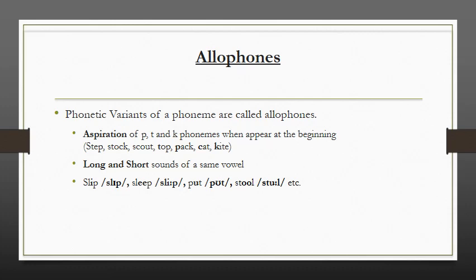The next one is scout. K and t, both sounds appear in this word. We see that t, p, k, these three sounds appear in the previous three words, but they are spoken simply as we usually pronounce t, k, and p.